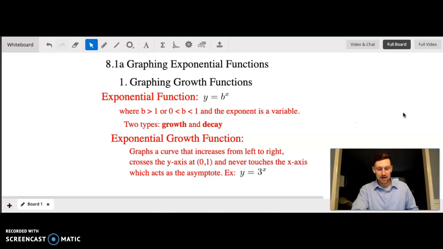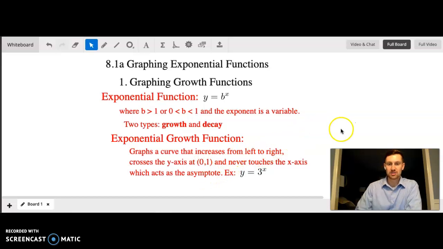But you see there, if you're looking at page 475, an exponential growth function essentially starts over infinity on the negative x-axis, and then it grows very quickly. A basic equation here would be y equals 3 to the x power. Some particulars you want to know, what's always true about these regular graphs, until we get to transformations tomorrow, is that it crosses the y-axis at (0, 1) and never touches the x-axis, which acts as an asymptote.